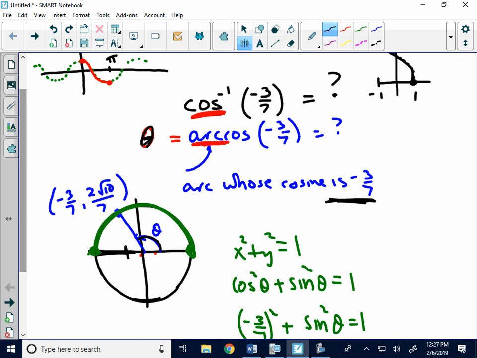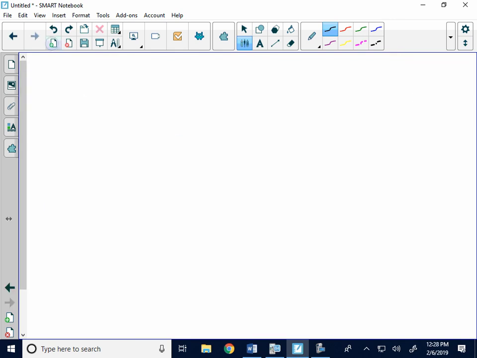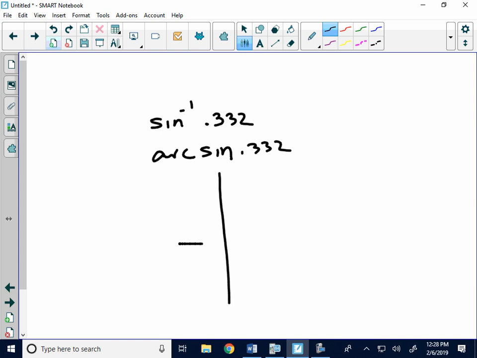Okay. I could do similar types of problems if I said the sine inverse of, I don't know, 0.332. And so this is an arc that has a sine of 0.332. And I know the arc sine is defined only between negative pi over 2 and pi over 2.